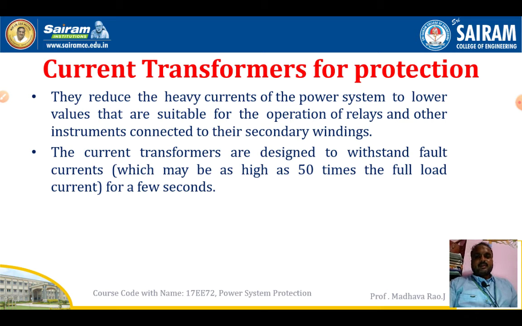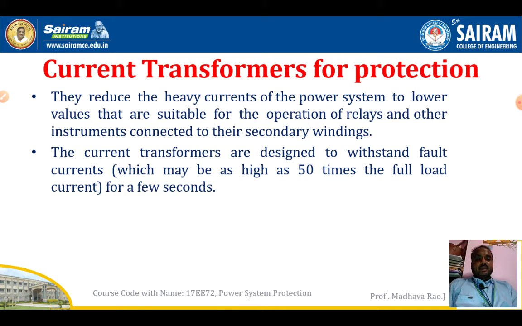The primary winding is connected to the supply. So whenever high current comes, the relay coil will excite and send a signal to the circuit breaker, and it will open the circuit.